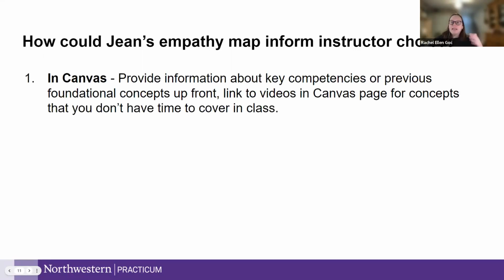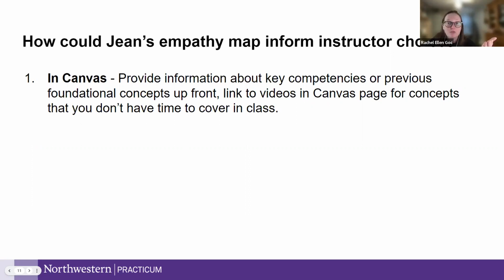Yeah, thank you. So in Canvas, some things I would do: I'd provide straight up front the key competencies, any previous foundational ideas that this person who is not a major in my field might have missed. Take a real thought about what are the things that if they don't have some literacy in, they're going to struggle right away with, but I don't have time to teach in this class.